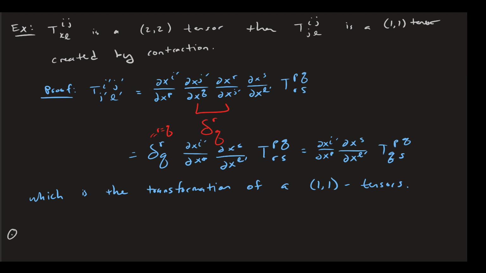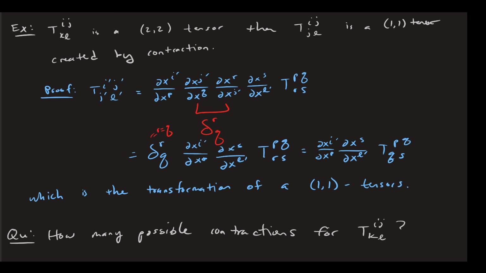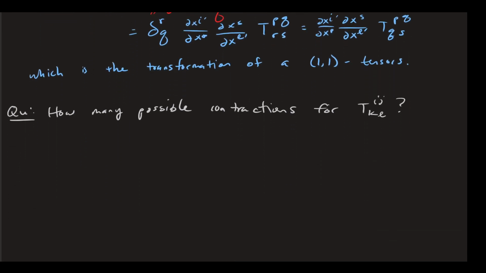So how many possible contractions for the tensor T^{ij}_{KL}? This is more like a combinatorics problem. So I can go with K, or I can go with L. J can go with K, or it can go with L. So two options for each of the two upper indices.